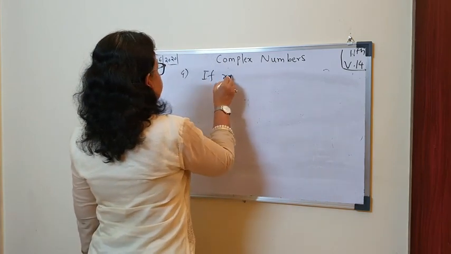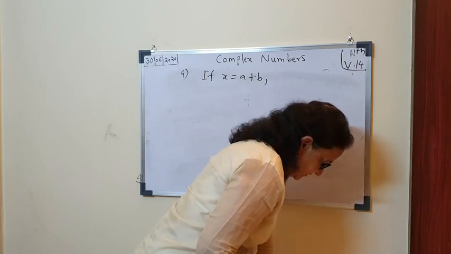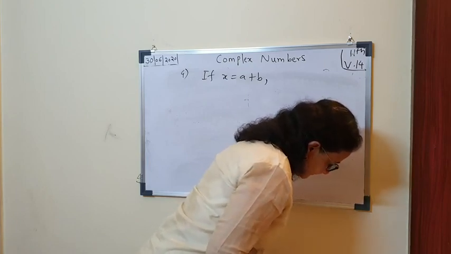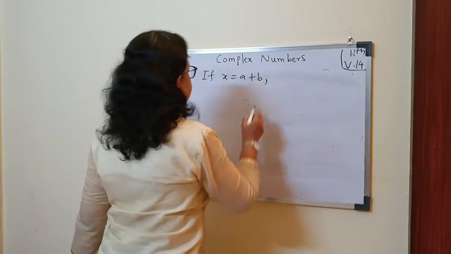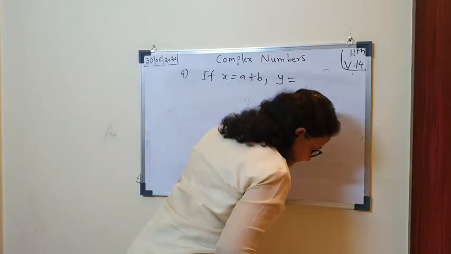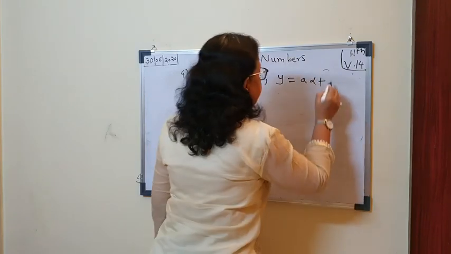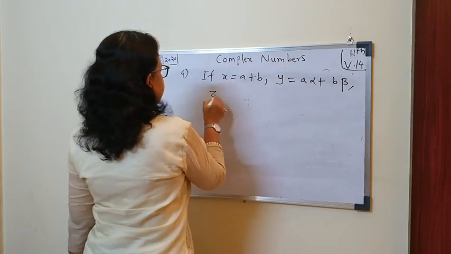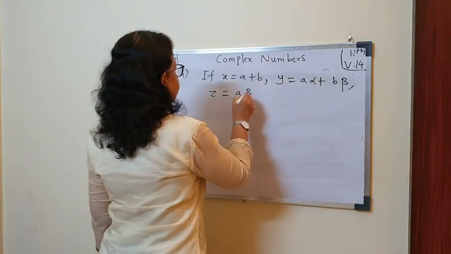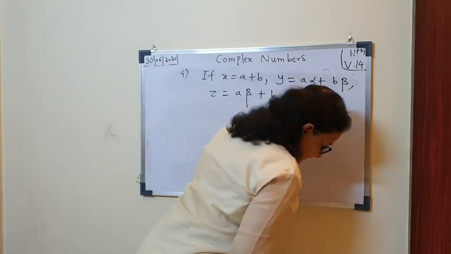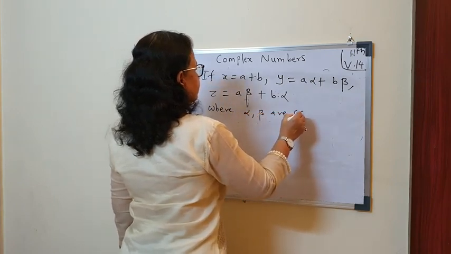If x is equal to a plus b, it is more or less the same type, but still you can write it on your own. y is equal to a alpha plus b beta, a into alpha plus b into beta, and z is equal to a into beta plus b into alpha, where like before, alpha and beta are complex cube roots of unity.